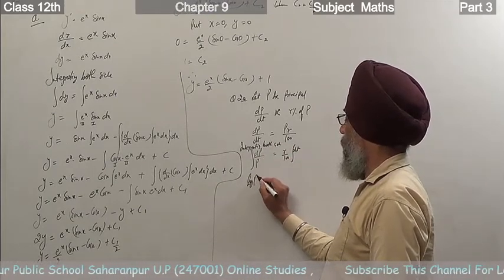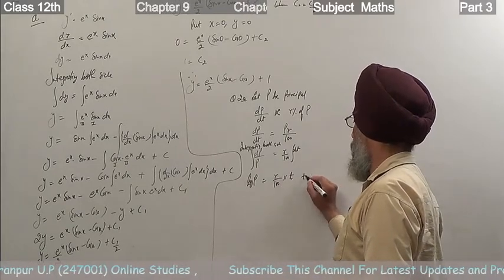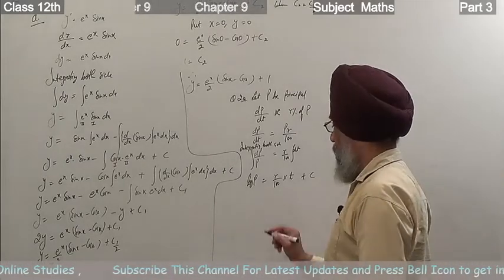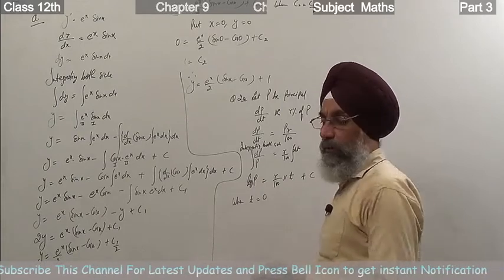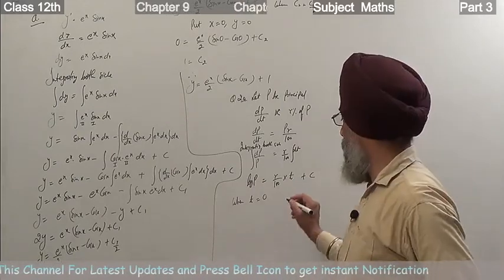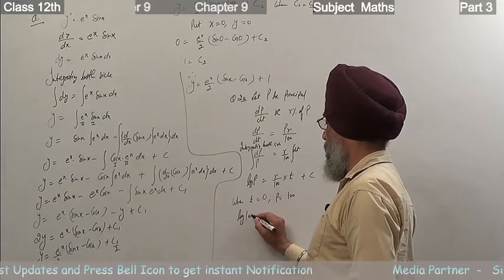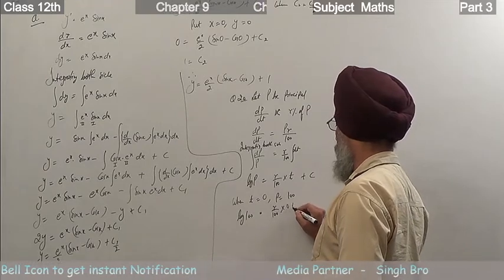it becomes log P equals (r/100) t plus constant c. So when time is equal to 0, meaning the starting time, the principal is 100. So log 100 equals (r/100) times 0 plus c.